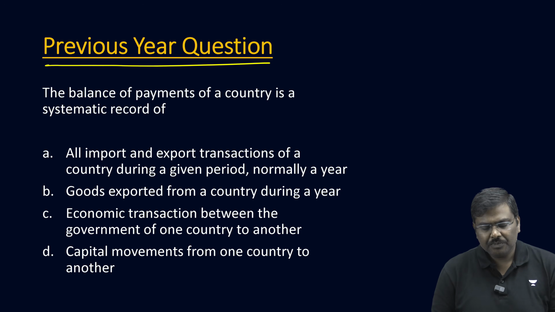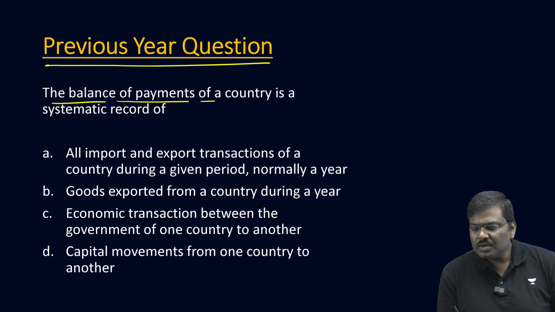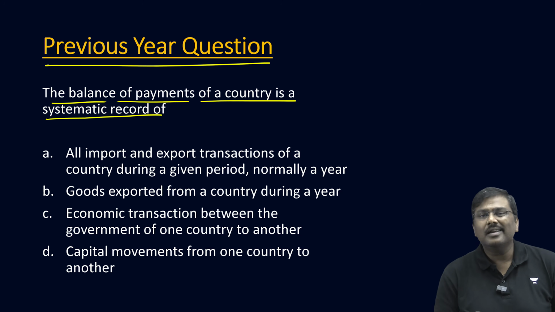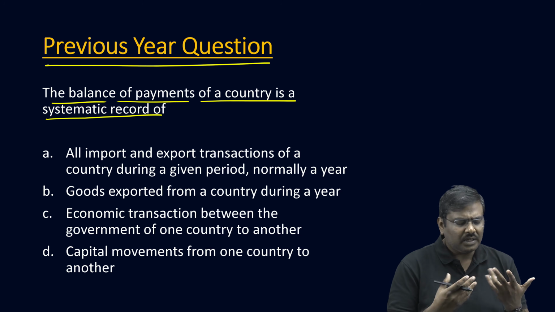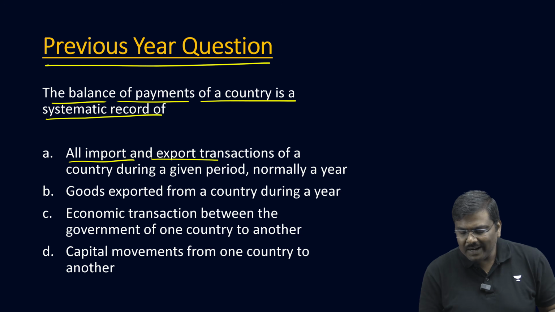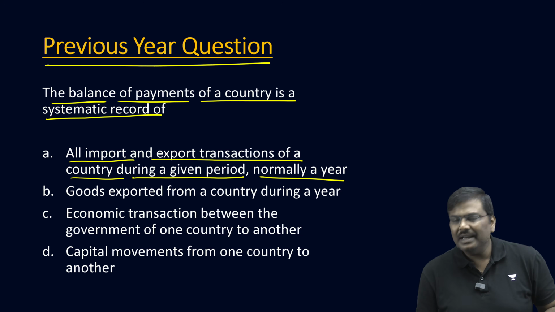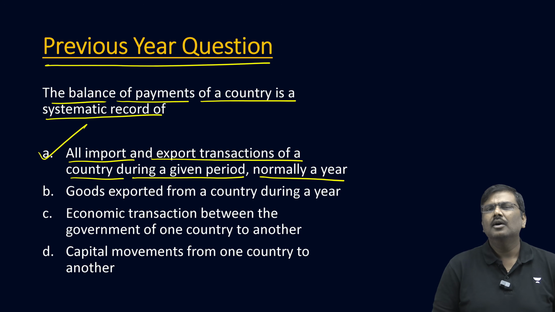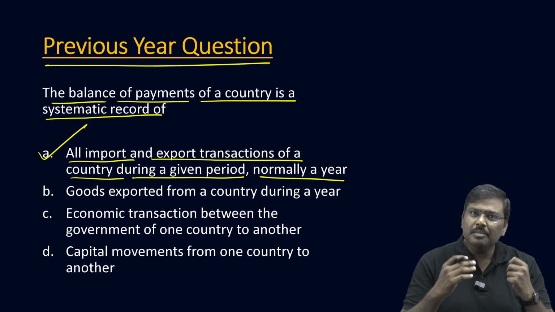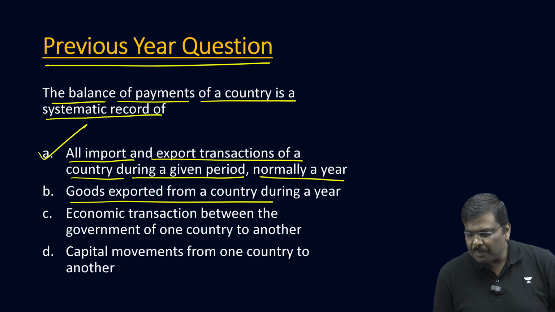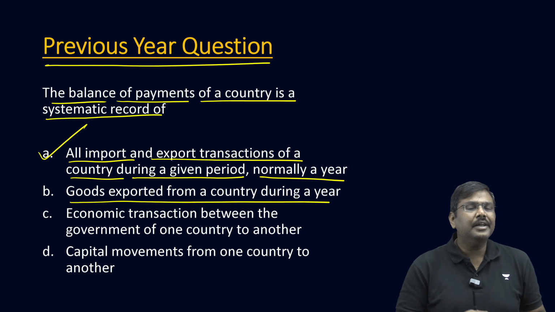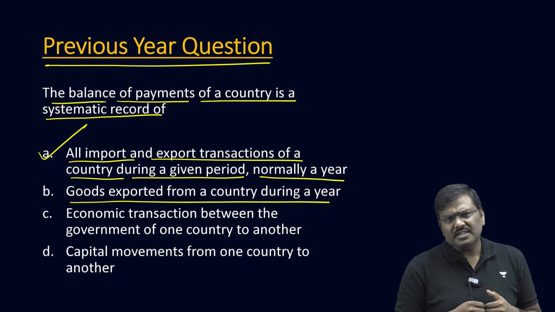Previous year question. The balance of payments of a country is a systematic record of what? All import and export transactions of a country during a given period, normally a year. Yes. What about the remaining 3? Let's eliminate them. Goods exported from a country during a year is a part of the balance of payment.